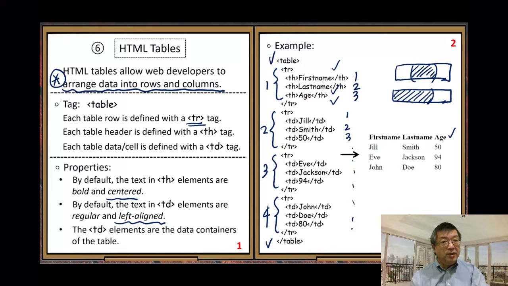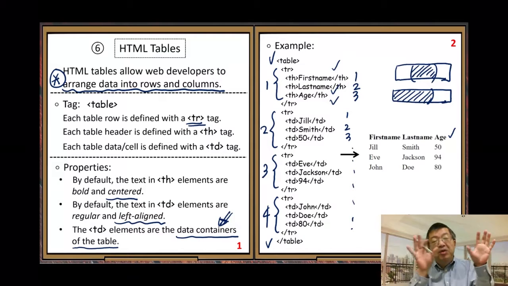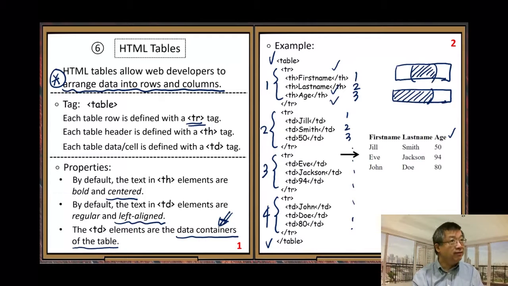The TD elements are the data container of the table. Do you know the data container? You know a container, right? You can put other elements in this container. Here we say data.